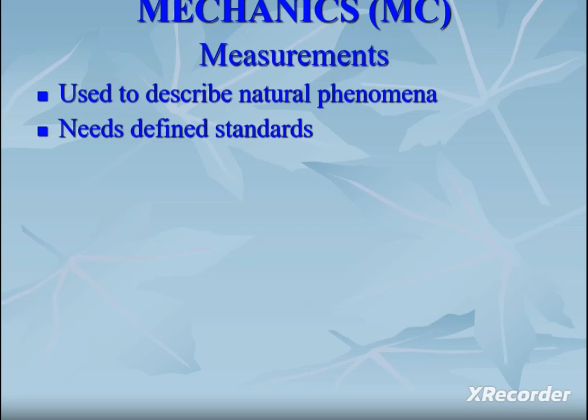Like the amount of something which fills something, like volume, measured in meters cubed. The natural phenomena you are talking about are things such as distance traveled. Like someone moved from point A to point B, but because of measurement you can say someone moved 15 kilometers or 10 kilometers.